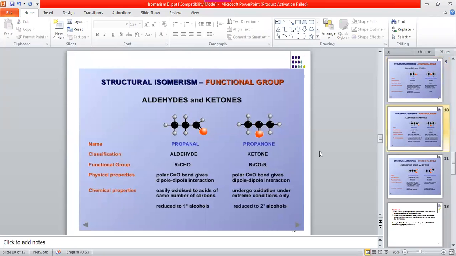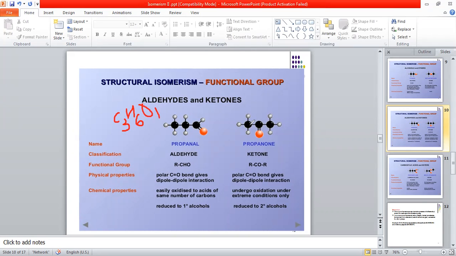Now in the next example, here again you can see black ball means carbon. How many carbon atoms are there? C3. Hydrogen how many? 1, 2, 3, 4, 5, 6. 6 hydrogen. And oxygen is 1. So aldehyde.